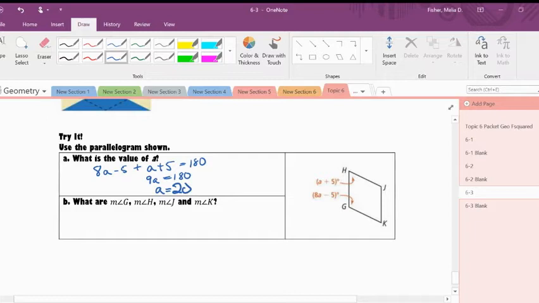So what are the measures of G, H, J, and K? Well, if I plug back in the 20 plus 5, then the measure of angle H is 25. That means that the measure of angle K should also be 25. And then plugging it in for the 8 times 20 minus 5, 8 times 20 is 160, minus 5 is 155.